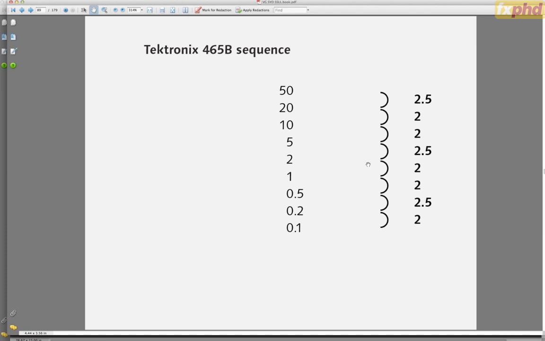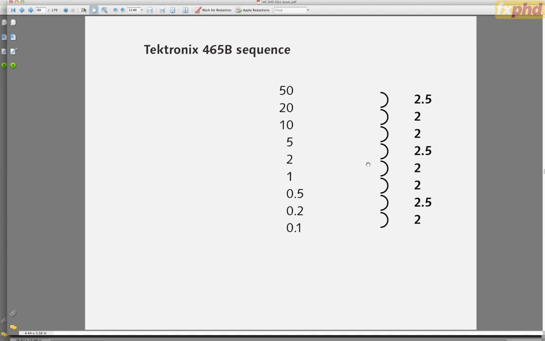So this factor of 2 is highly useful practically, but squeezing those steps into a power of 10 sequence isn't that convenient, because there's this 2.5 factor that's not equal to the factor of 2.